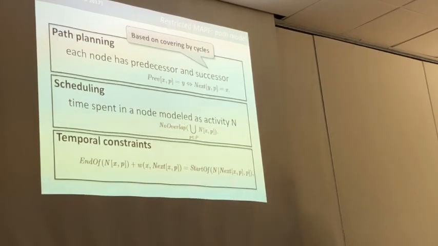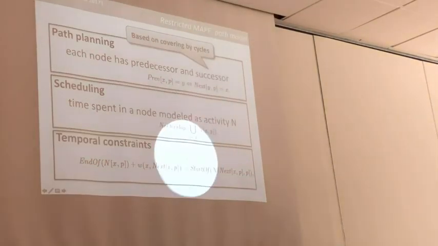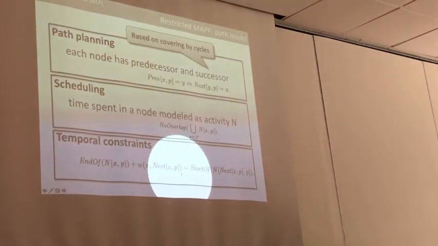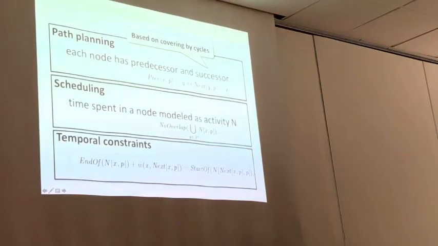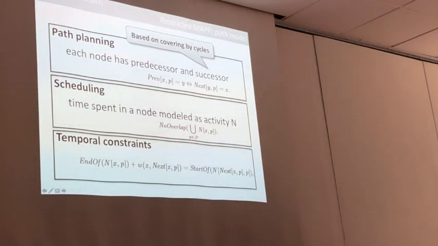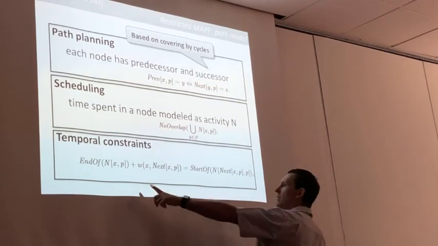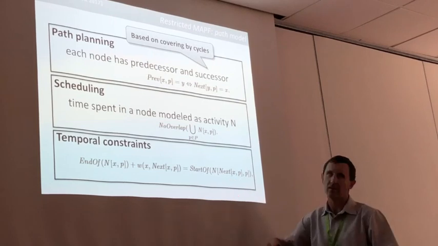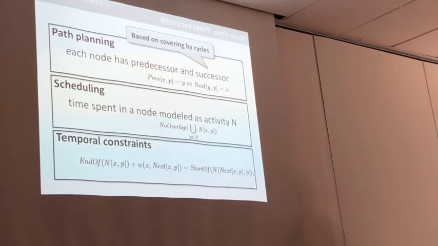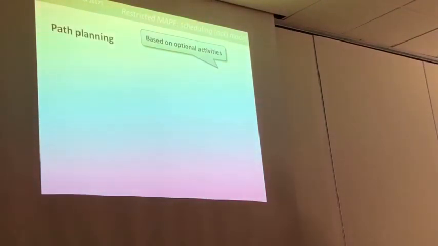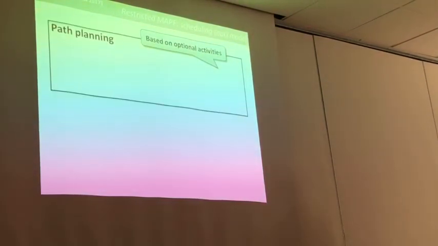So basically, we want to say that the end time of the previous activity plus the duration to move to the next node equals the start time of the next activity. So we use the variables as index to connect leaving one node and entering the other node, like we did before.